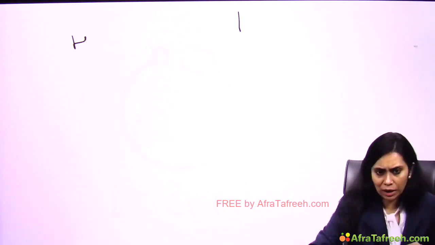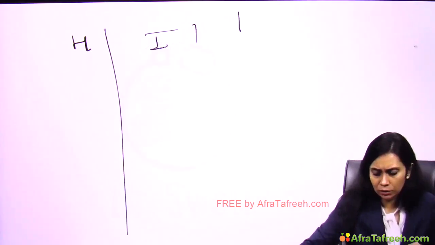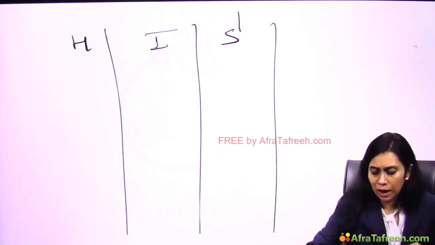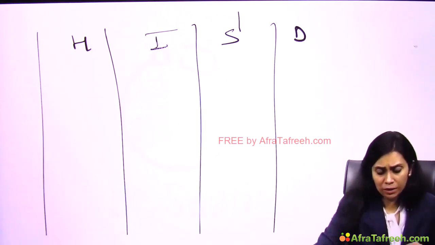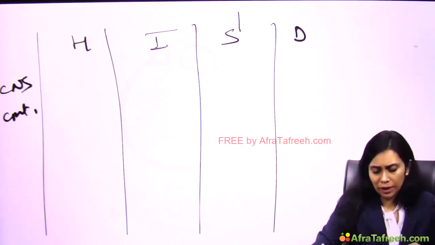Now, further discussing the effect on the central nervous system, please tell me what is EEG? We are discussing halo, ISO, SIVO, DES, and we are continuing with the central nervous system. Guys, what is EEG?